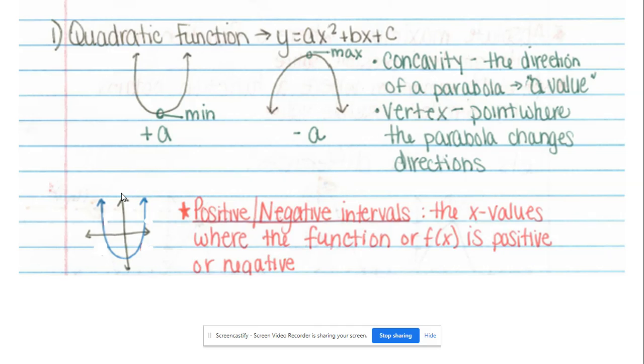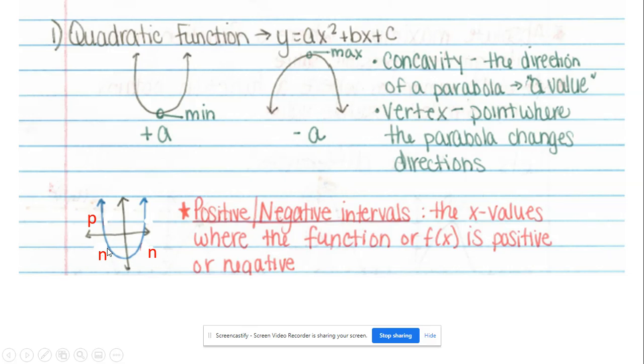So these are pretty simple to find. All you do is you look on the graph for where the function, or the graph itself, is in a positive y value or in a negative y value. So over here on the left-hand side, right here is positive. Then we go below the x-axis. So this part of the curve or the parabola is negative. Once we cross over again, that's still negative.